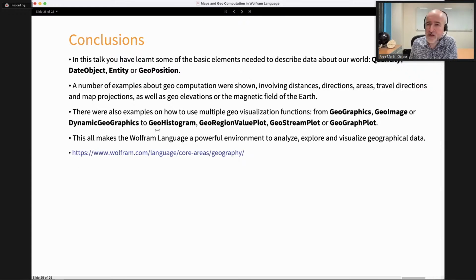And then we have seen a collection of geovisualization functions that allow you to place and represent data on top of those maps. We have seen things like GeoHistogram, GeoRegionValuePlot, GeoStreamPlot, GeoGraphPlot, and more. As well, this makes Wolfram Language a very powerful system with which to produce maps and perform geographic computations.